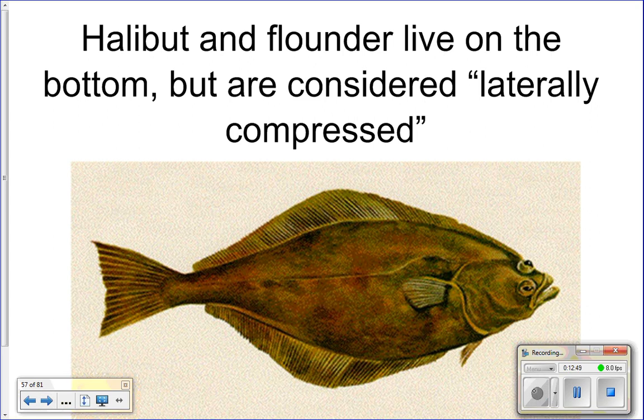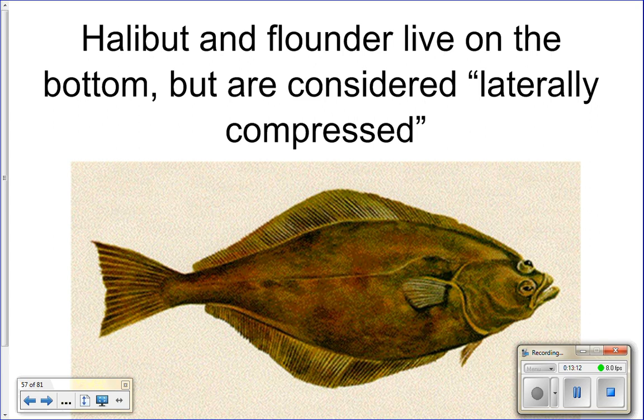You would think that flatfish like flounder and halibut, because they're benthic, are dorsal ventrally flattened, but they're actually compressed. They're flattened from side to side, and then they lay on their side, and they have both of their eyes on one side of their head, and those eyes look up into the water. It's strange.